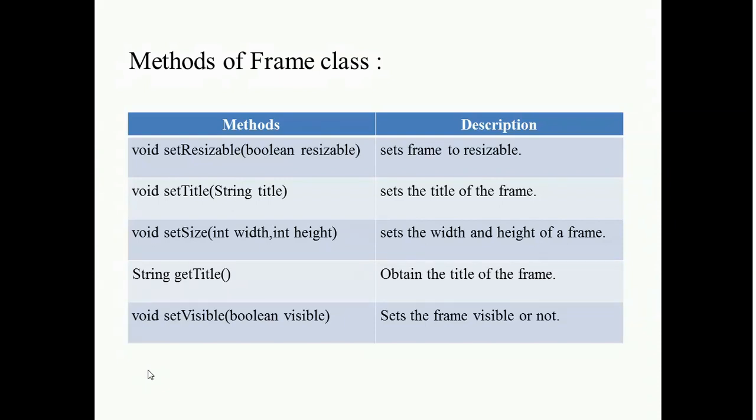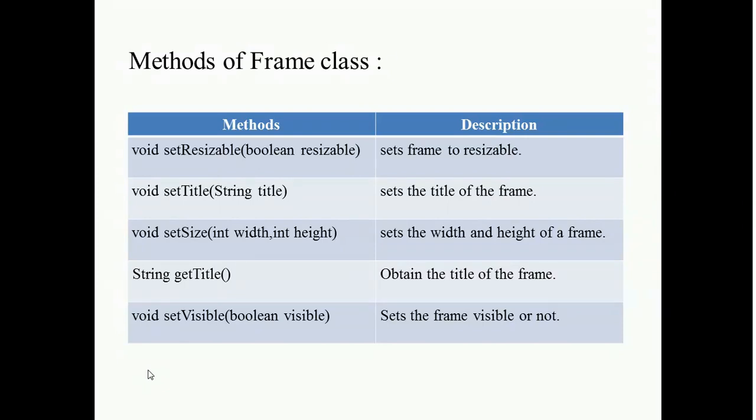The setTitle method is used to set the title of the frame. Third method is void setSize, parameter is int width and int height. This method is used to set the width and height of the frame. Fourth method is string getTitle. This method is used to obtain the title of the frame.